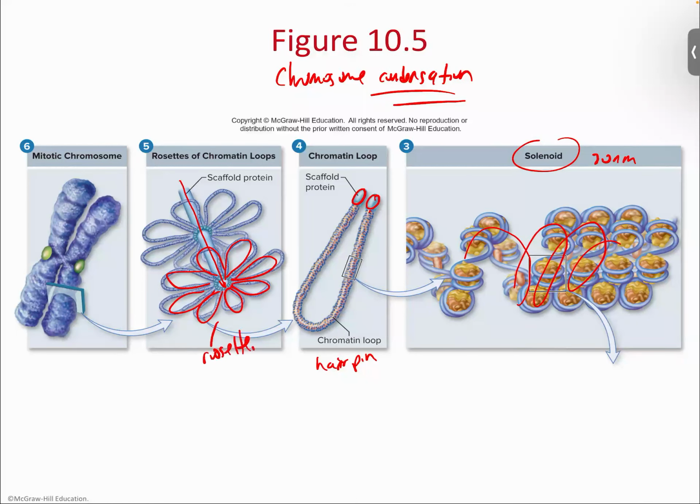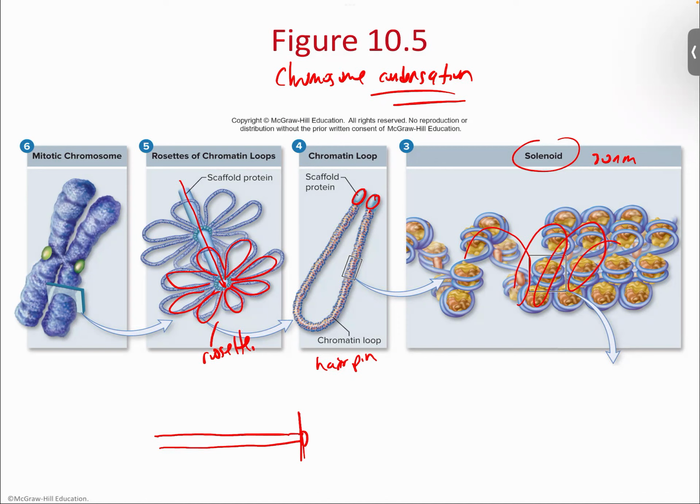Now, if I were to turn this rosette structure on its side, so here is my long rod-like shaft protein, and I'm just going to look at the edge of my rosette. Then my rosette will look something like that, right? Just looking purely right at the edge of the rosette.